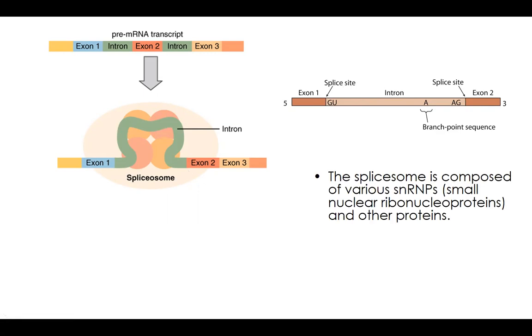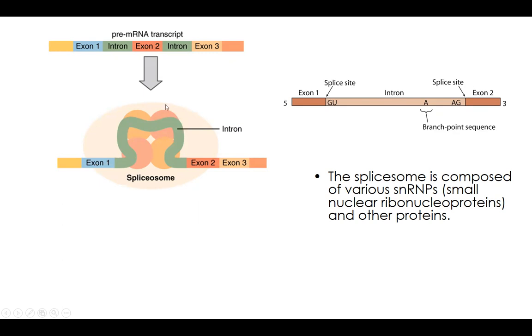What we're going to see happen next is that the two sides of this intron, from the GU to the 3' end, are going to be brought close together. This is going to be achieved through the action of what's called a spliceosome. You can see the innards here.